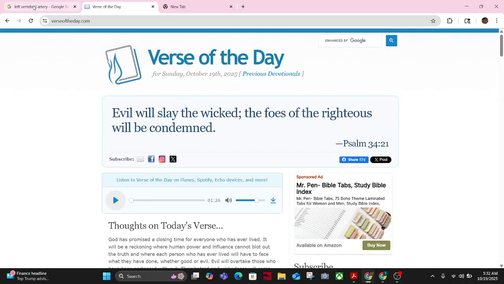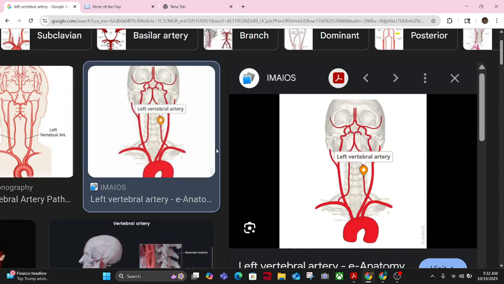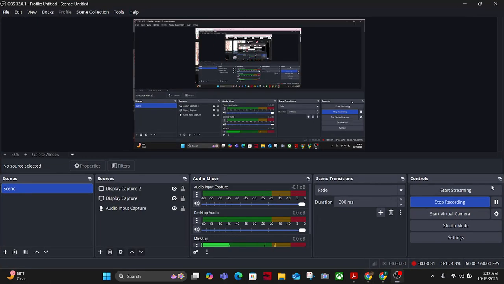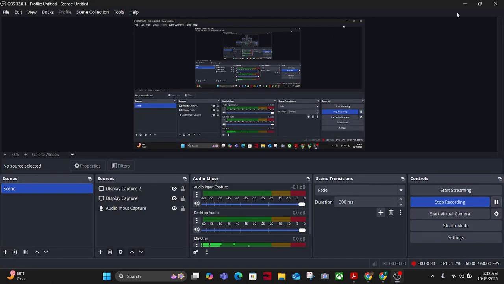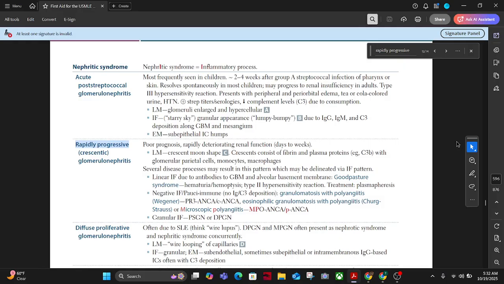So, the first thing you have to know is that in RPGN, rapidly progressive glomerulonephritis, on light microscopy, you see crescent formation. So you will see crescent moon shape here.